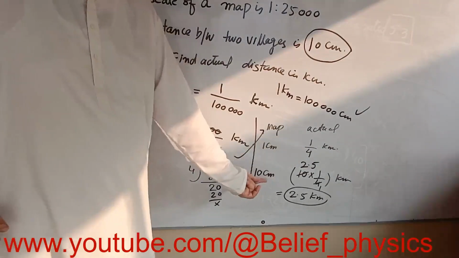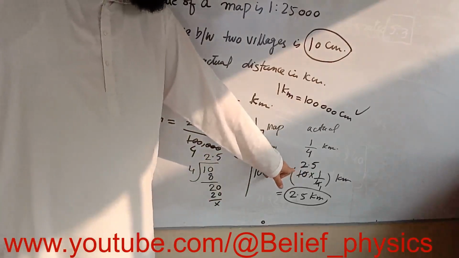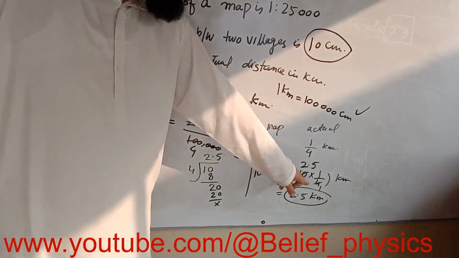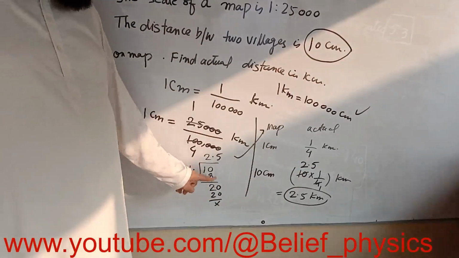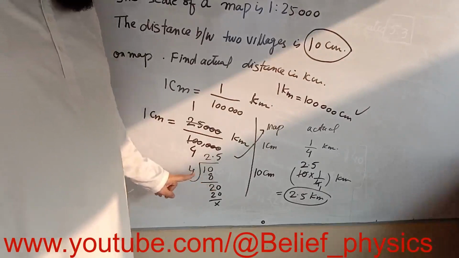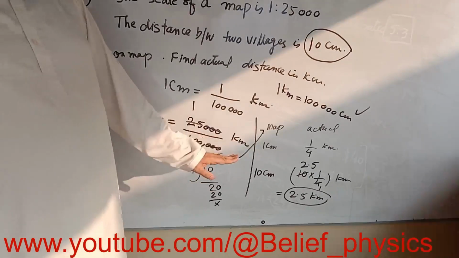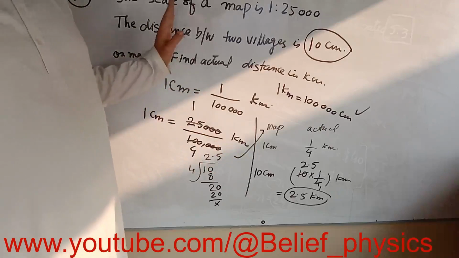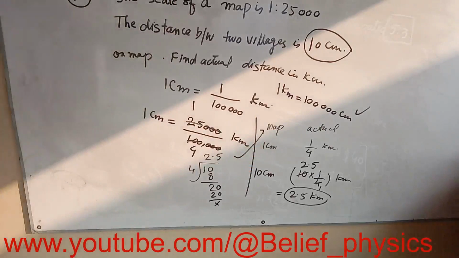So 10 centimeter will represent 10 into 1 over 4. 10 को 4 पे डिवाइड करना है. 4 2 8, 2 over 20 बनाने के लिए यहाँ पर पॉइंट लगा देंगे, 20 बन जाएगा. 4 5 20, so you will get 2.5. So 10 centimeter on map will represent 2.5 kilometer in actual. So this is how you solve map and scale questions.